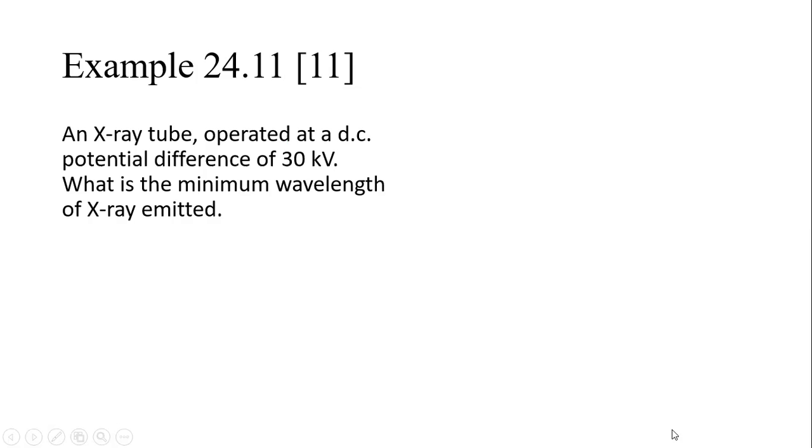Okay, try calculating this one, number 11 in your worksheet. An X-ray tube operated at a DC potential difference of 30 kilovolt. What is the minimum wavelength of X-ray emitted? Okay, calculate for me.